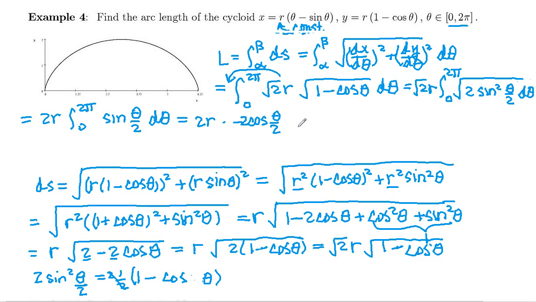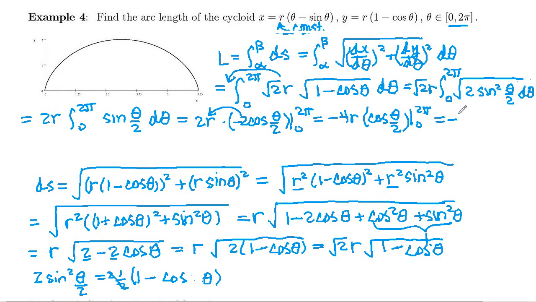So it's actually negative 2 cosine theta over 2, and evaluate that from 0 to 2 pi. Now the negative 2, we can actually bring that out in front with a 2r. So this is negative 4r, and then we've got cosine theta over 2, evaluated from 0 to 2 pi.